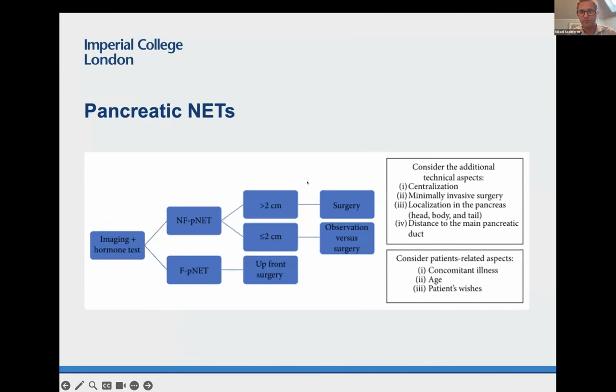So this is the algorithm that I've just described. There is a degree of judgment that you have to apply on an individual patient basis, particularly for young patients with tumors between 1 and 2 centimeters in size. And you should always take into consideration the morbidity of the operation that you're proposing versus the patient factors, comorbidities, age, and also their wishes, of course.